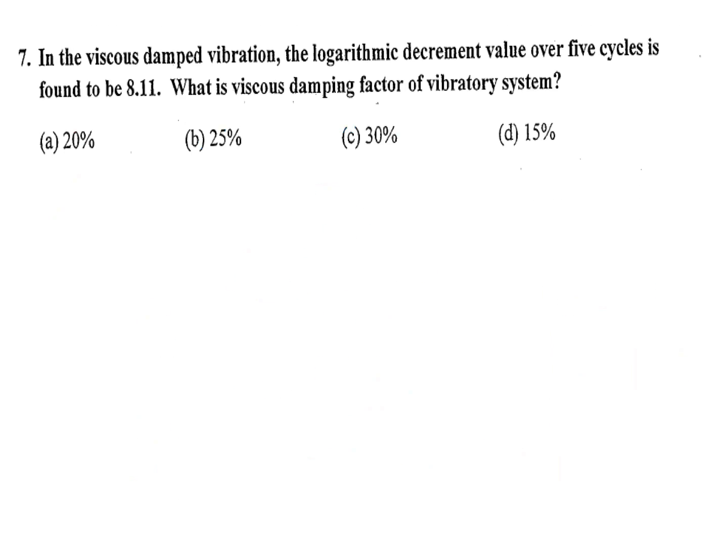In the viscous damped vibration, the logarithmic decrement value over 5 cycles is found to be 8.11. What is the viscous damping factor of the vibration system? The damping factor is zeta, we have to calculate.